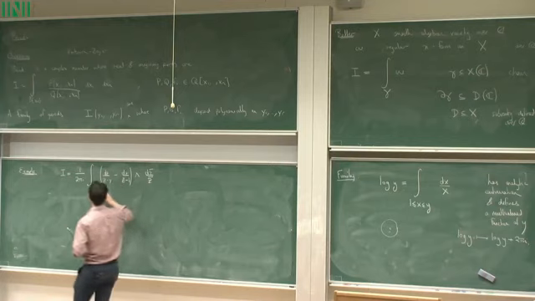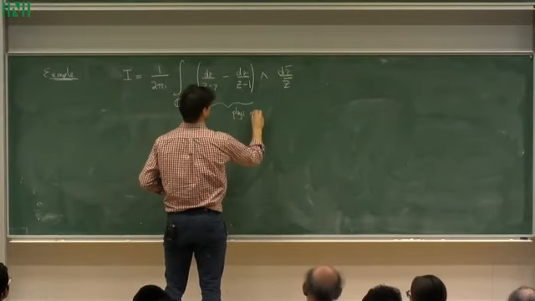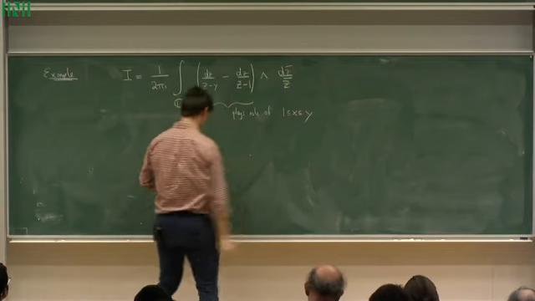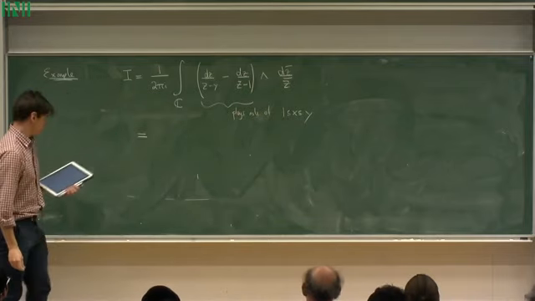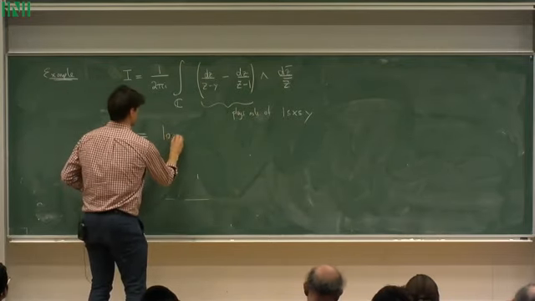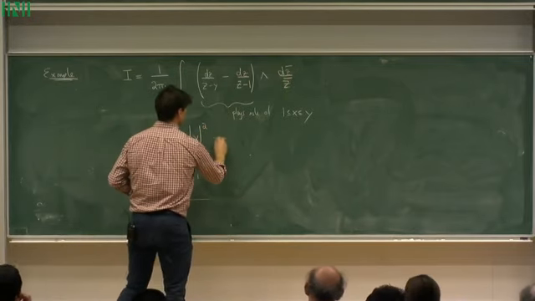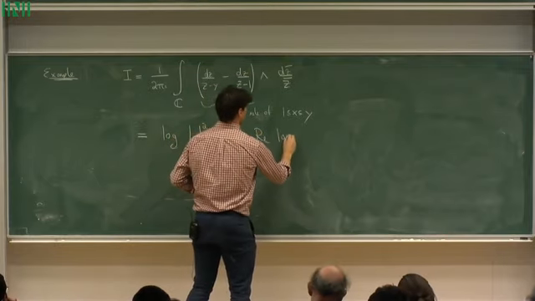You can see the y, and so you can see that it's not very difficult to verify that this integral is actually log of the absolute value of y squared, which is twice the real part of log of y.